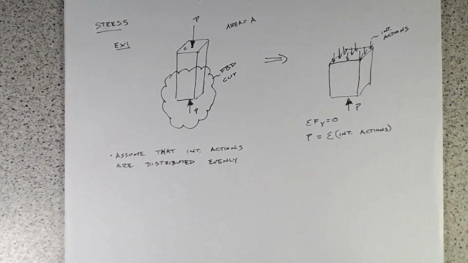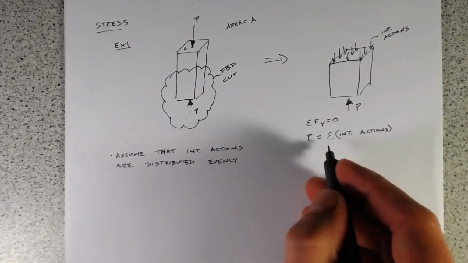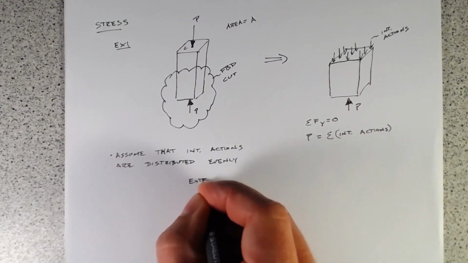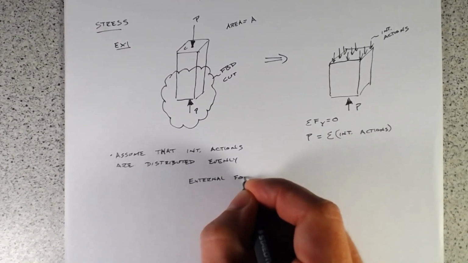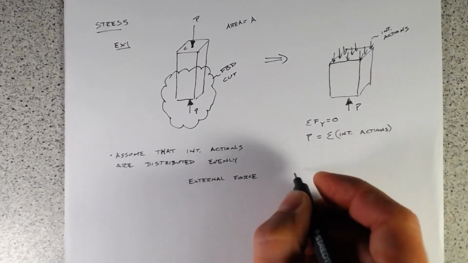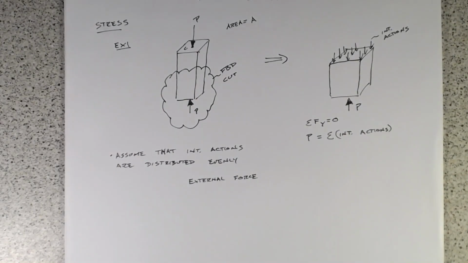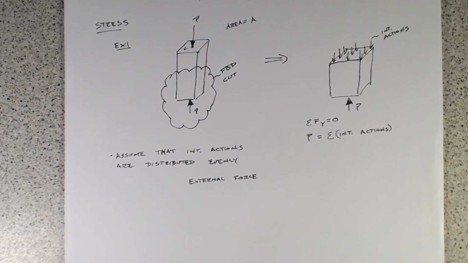All right, so if they're distributed evenly over area A, well, then we know that if we take our equilibrium, where P is our external force, well, if all of these are distributed evenly over an area, we know that if we sum them all up, when we basically multiply each individual one by that area, we get some force.